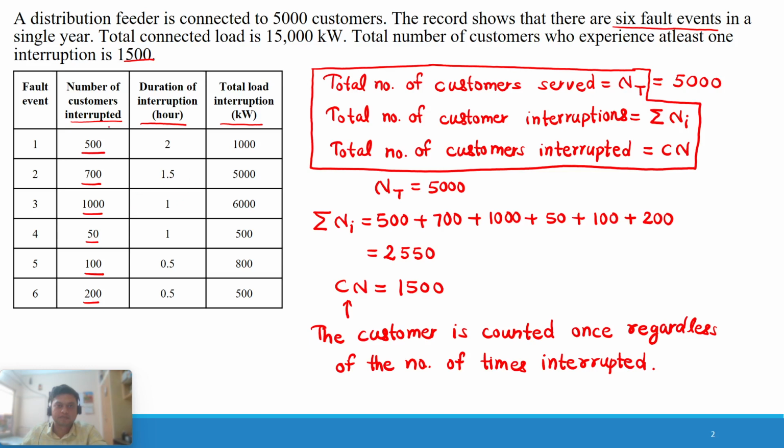In this problem it is directly given, so it is 1500. In other questions it may not be given, and then we usually count the customers whose interruption occurs at least once.